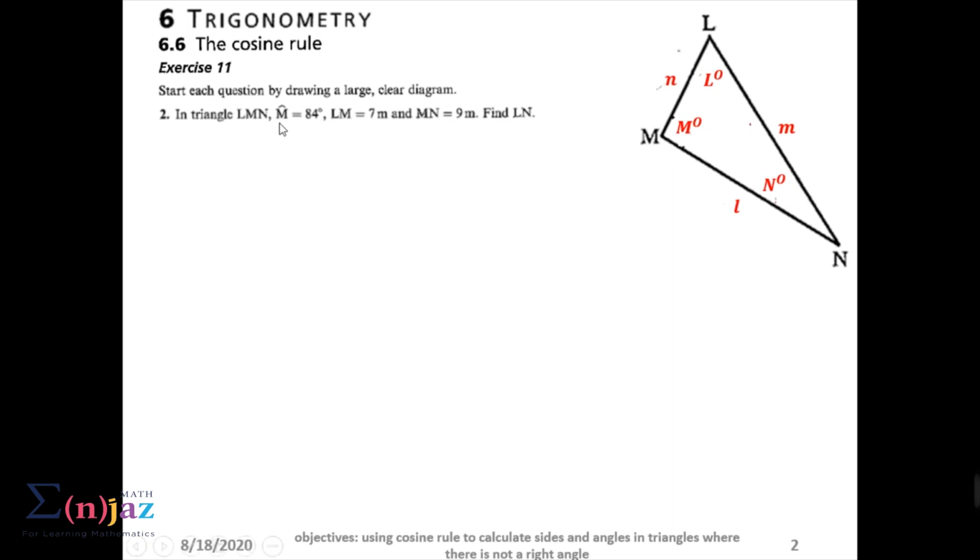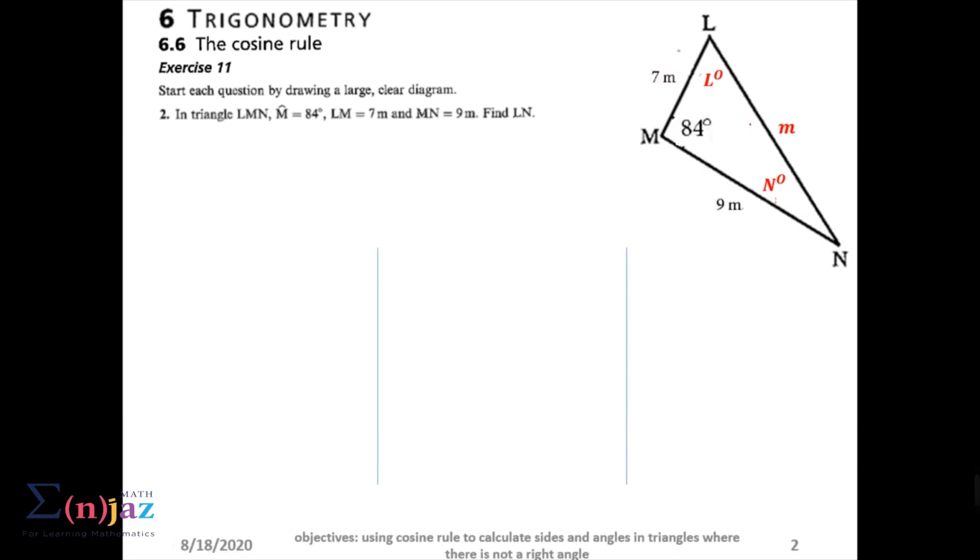Now, if we read the question, angle M is equal to 84. So this is given to me in the question. LM, which is N, is equal to 7 m. Side MN, which is small l, is equal to 9. That leaves LN, which is small m, as my unknown.